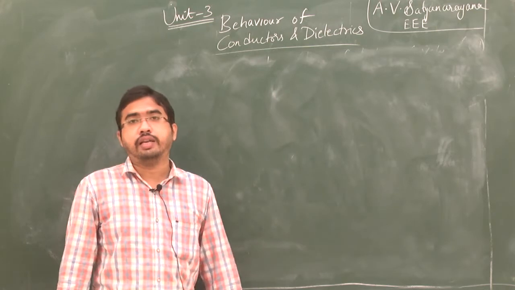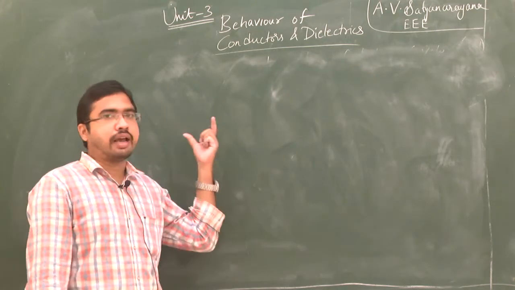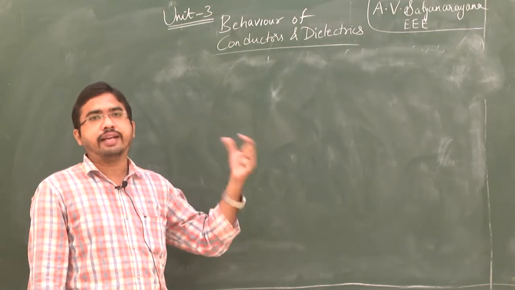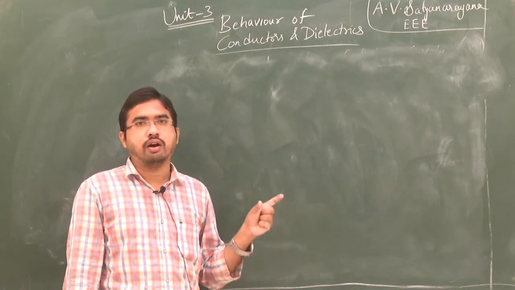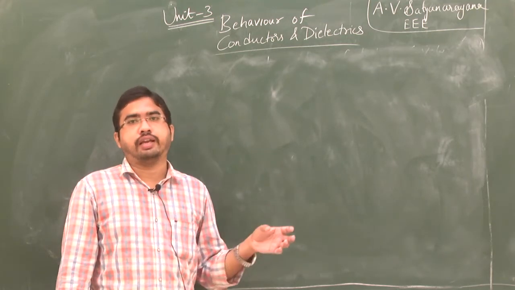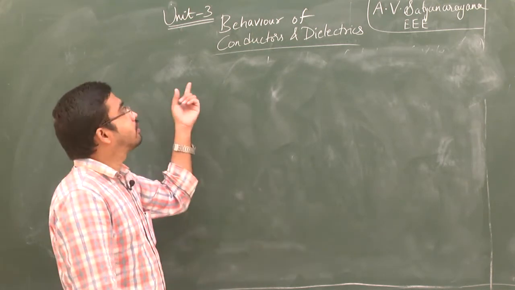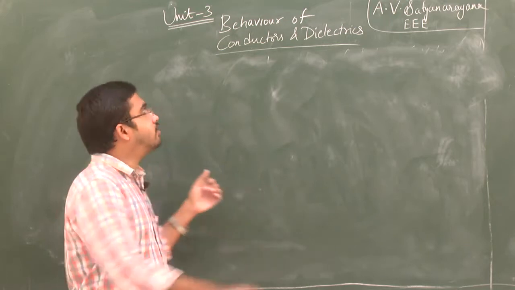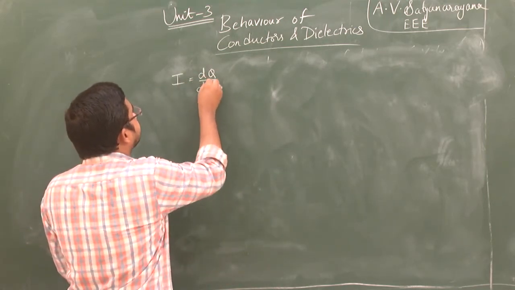So what is meant by general electric current? General current is defined as the rate of flow of charge at a specified point, or the amount of charge passing per unit time through a conductor at a specified point is called electric current. That means I equal to dq by dt.